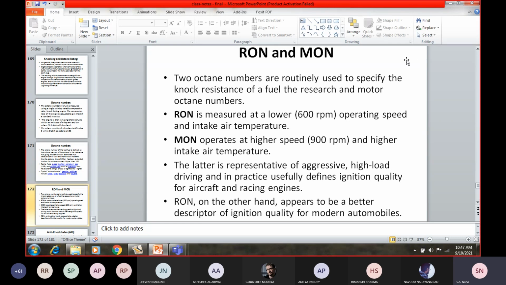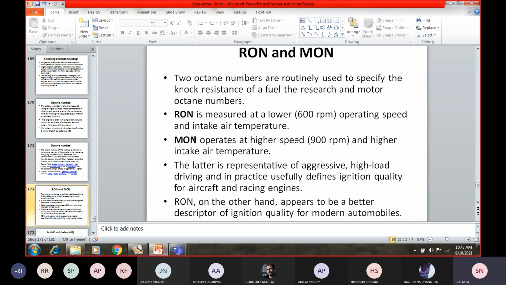RON, or road octane number, also known as the research octane number, is measured in an engine which is moving at 600 rpm, with the intake air temperature, whatever temperature of air is there, taken as it is. Then whatever compression ratio or efficiency you get is known as RON.